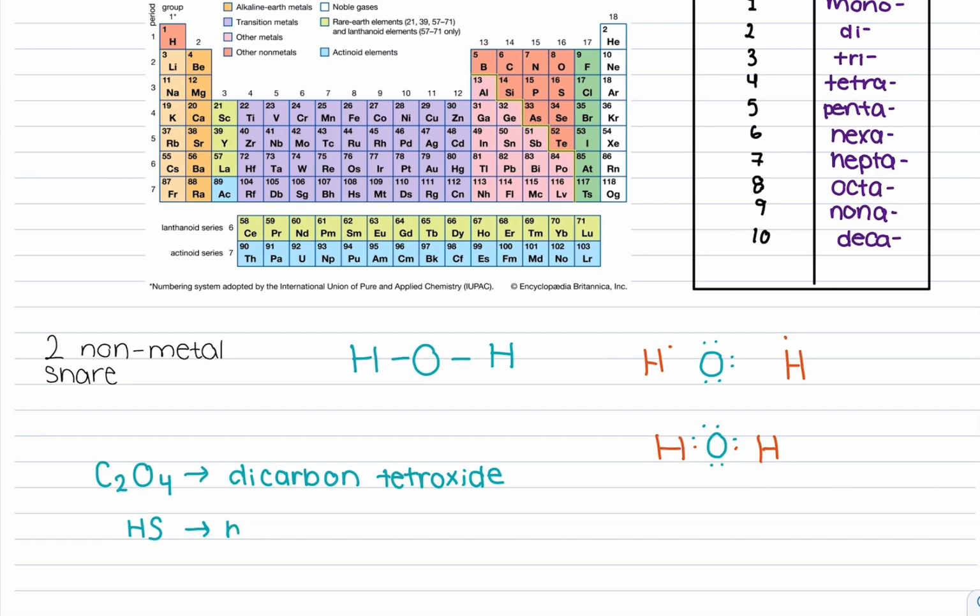So in this case, we would write hydrogen, and then we have mono, because there's 1 sulfide. And once again, the ending will be IDE. So this is very important for our compound names.